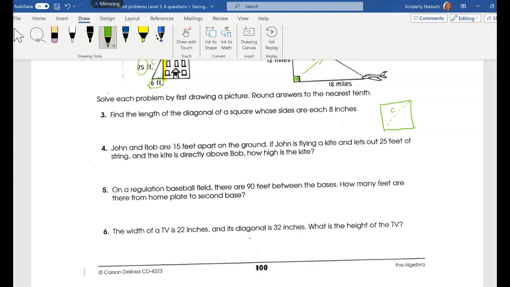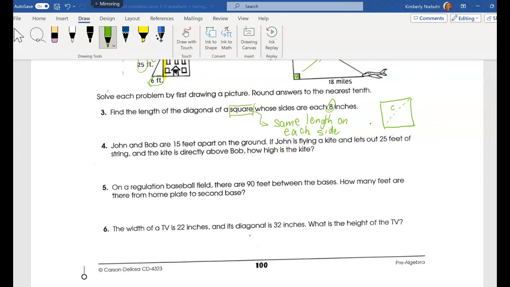Well, squares are all the same length on each side. 8 inches. Okay, so we know what the legs are. I'm going to leave that there for you to work on. Squares are the same length on each side.